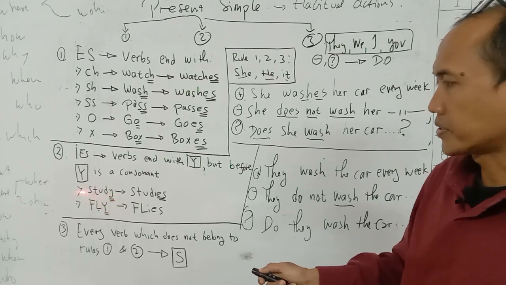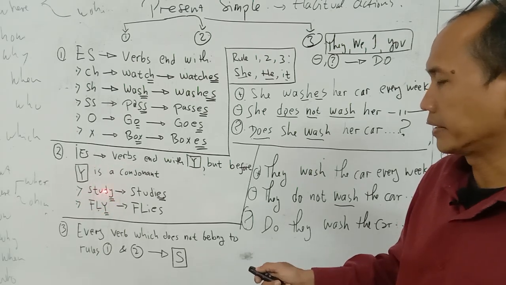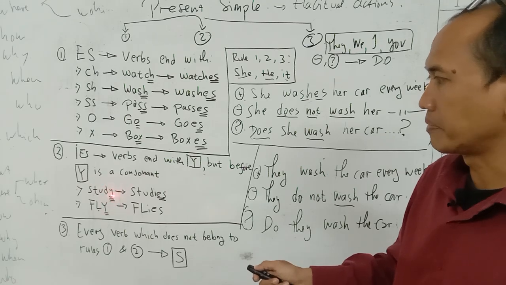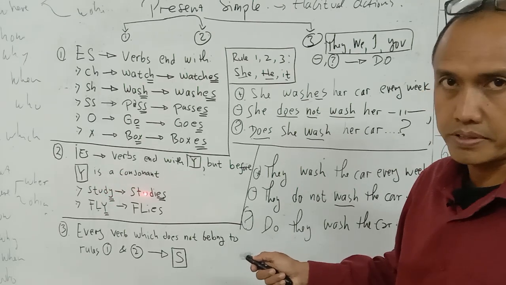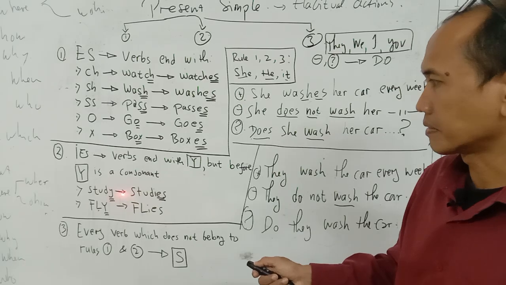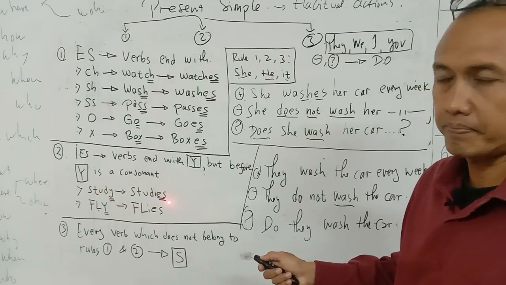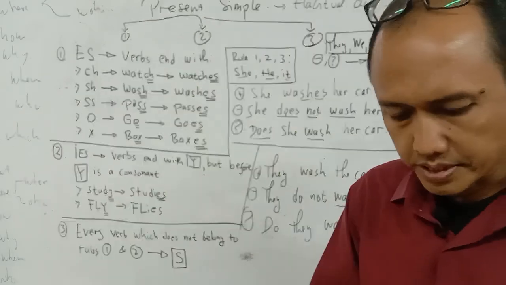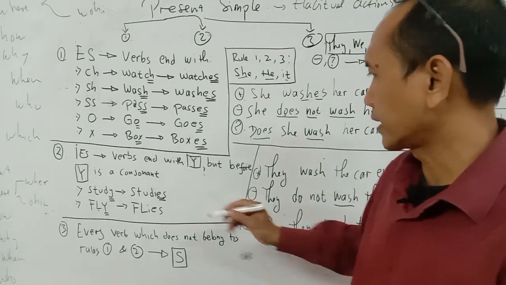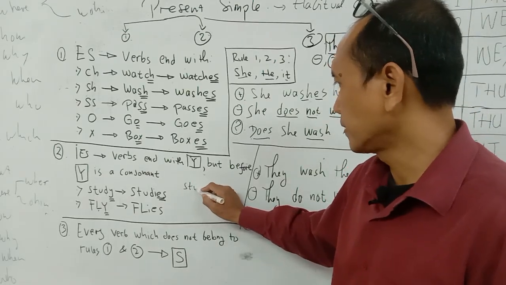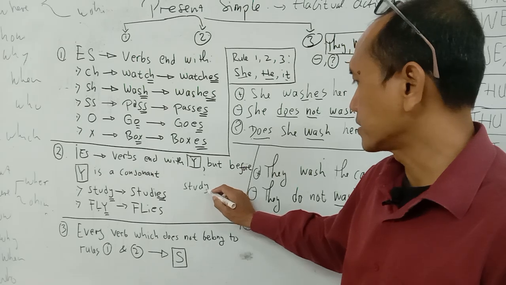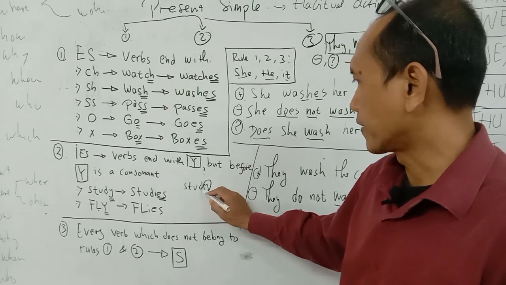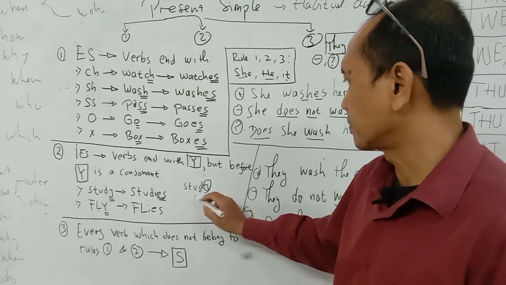Study. Study is a verb and it ends with y, and before y is a consonant, and it becomes studies. Okay, because of this y, and this is the consonant, it becomes studies.